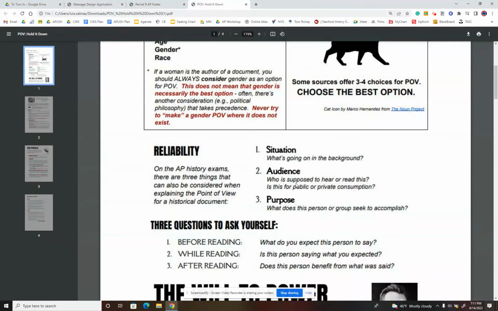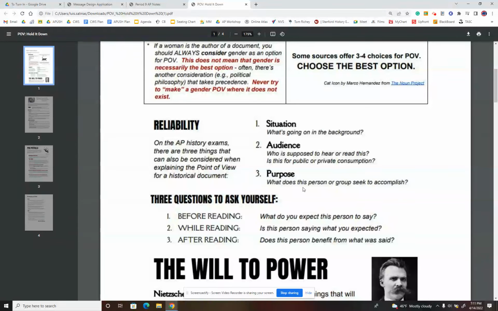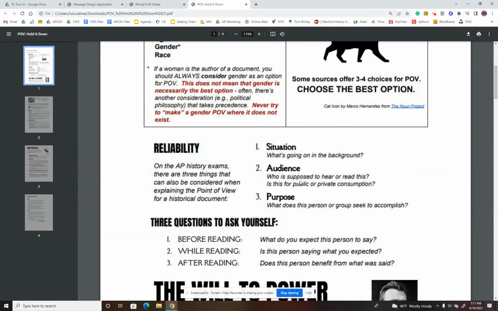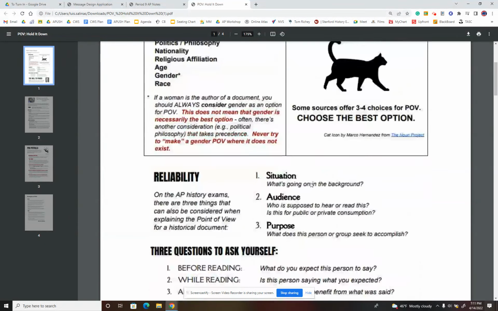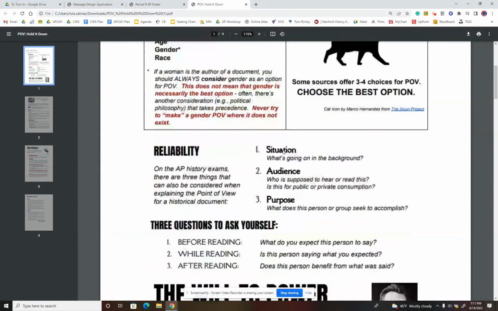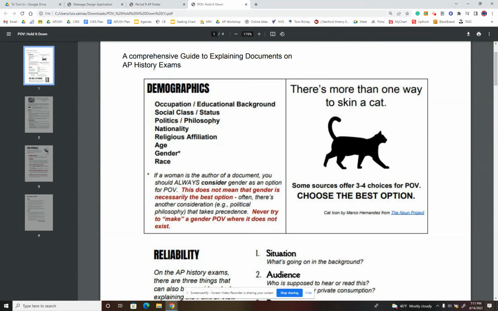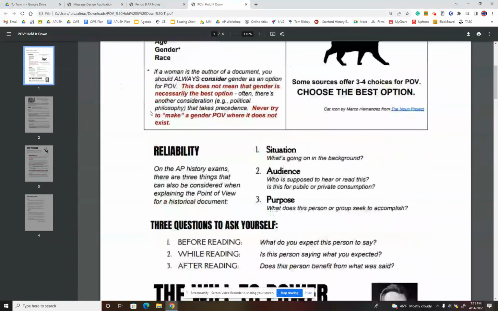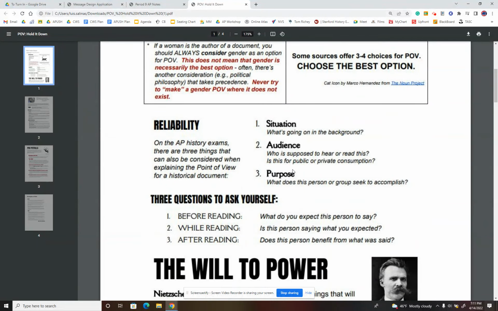Audience: I want them to start thinking, when they designed this speech or when they wrote this document, who was their intended audience? And then if they can also find purpose. Now, the nice thing is students really only need to do one of those things for each document to earn the point on the College Board exam. So this is why I put this here. Even though we're focusing on the point of view, these are important as well.